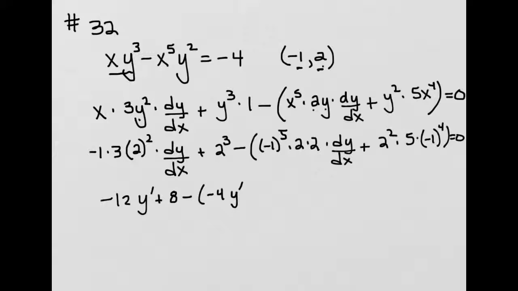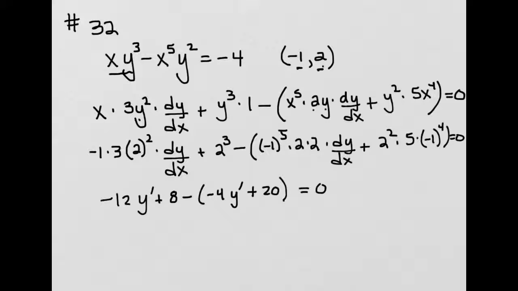And then we have -1 to the 4, which is +1, times the 5 gives me +5, times 2 squared gives me 20. So this is plus 20, and that all equals 0.